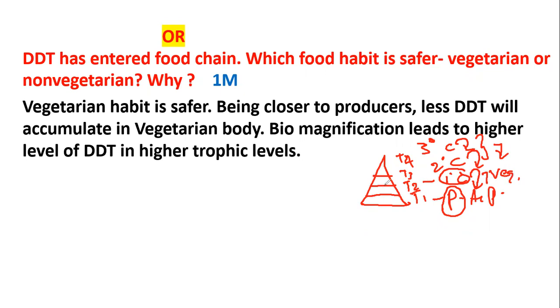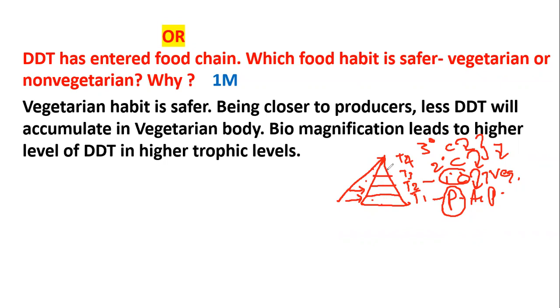Now have a look. Biomagnification means accumulation of chemicals in the producers, primary consumers, secondary consumers, and tertiary consumers. The accumulation of chemicals increases from lower to higher as you go from the first trophic level to the top trophic level.